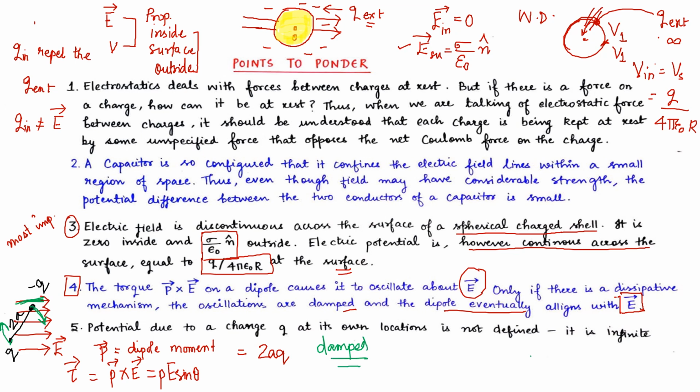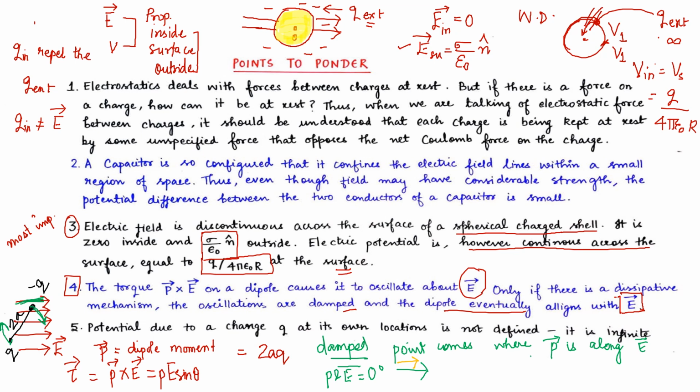So a point comes where P, the dipole moment, is along E. What does it mean? The angle between E and P becomes 0 degrees. E is also in this direction and our dipole is also in this direction.